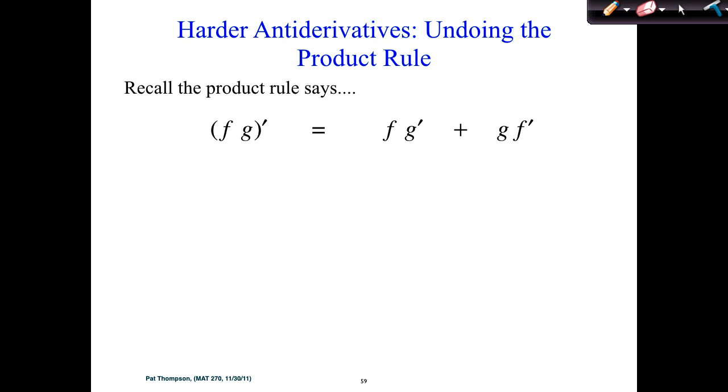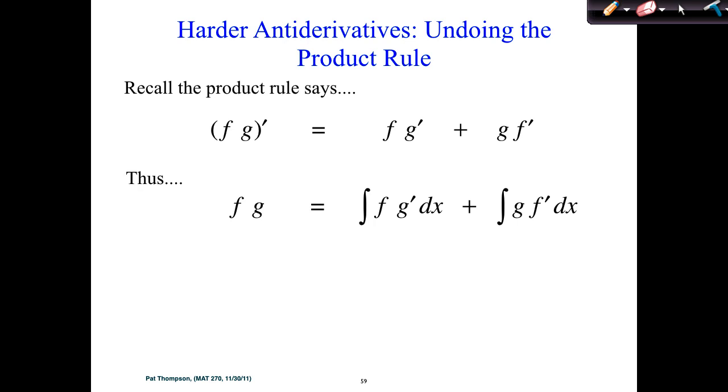Okay? So if we took the antiderivative of both sides here, that would look like this, right? The antiderivative of the left would just be fg. And then on the right side, we'd have the antiderivative of fg' dx and the antiderivative of gf' dx.